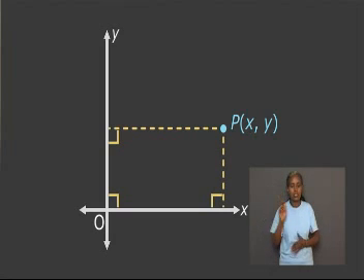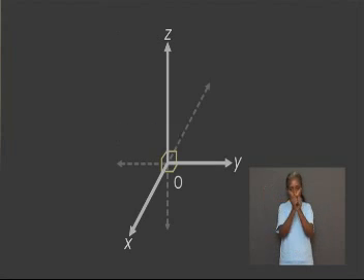You label them as the x-axis and y-axis respectively, and you use them to associate with a point. Let us extend this rectangular coordinate system.